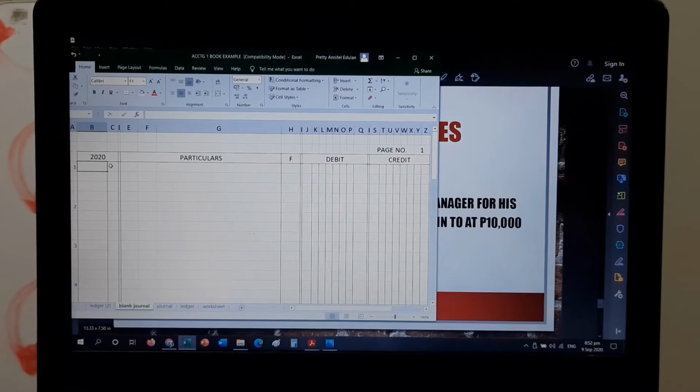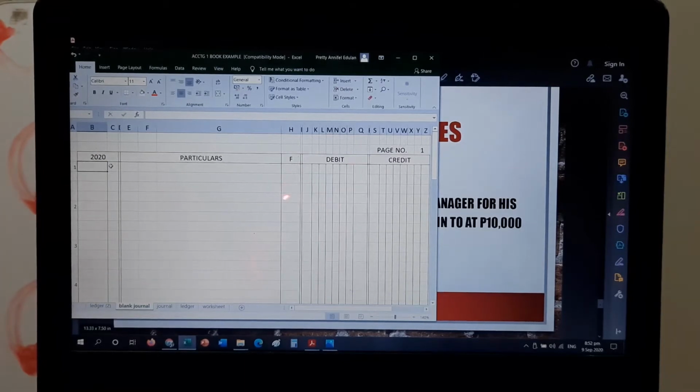Just be sure that you have followed the format and indentation, wherein all debits are written on this side. Then skip 5 spaces for your credit, then another 5 spaces from your credit. That is for your explanation.